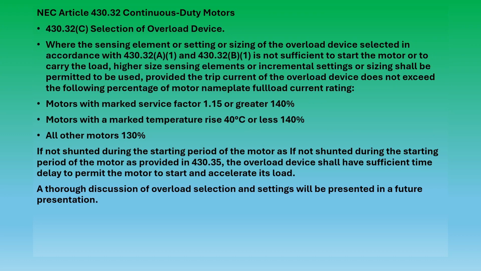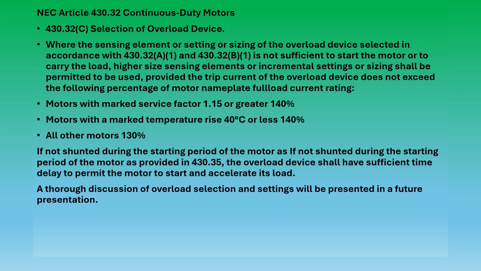So if we look at 430.32(C), selection of overload device, where the sensing element or setting or sizing of the overload device selected in accordance with 430.32(A)(1) and 430.32(B)(1) is not sufficient to start the motor or to carry the load, higher sensing elements or an incremental setting or sizing shall be permitted to be used, provided the trip current of the overload device does not exceed the following percentage of motor nameplate full load current rating.